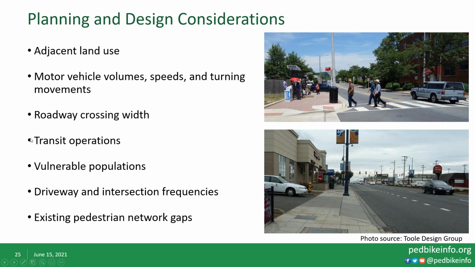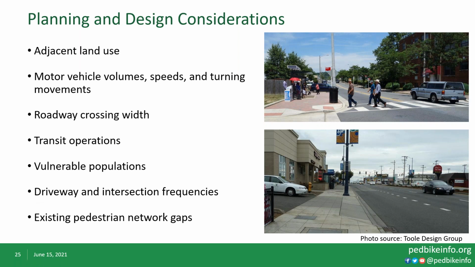So there are a lot of planning and design considerations to bear in mind when considering safety improvements to arterial roads. Probably first and foremost is the adjacent land use, right? Are there commercial buildings or parks, other attractors or generators of pedestrian activity? Also, the context of the road itself.